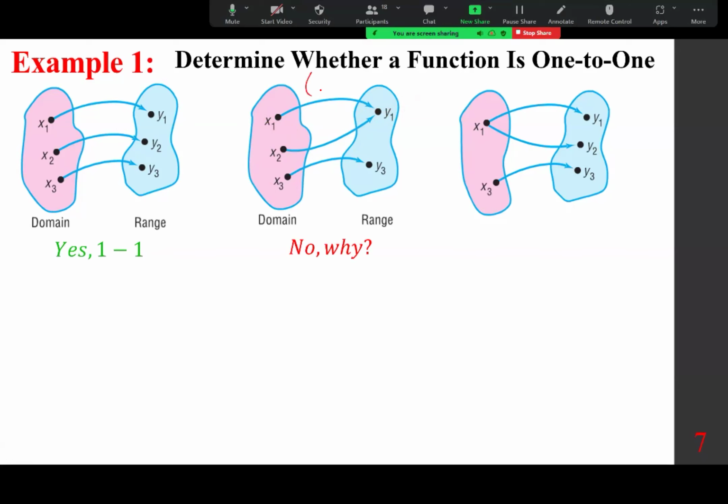So this means this, and this means this pair, x sub 1, x sub 2, y sub 1. So the y coordinate is being repeated, and that's not a one-to-one function.